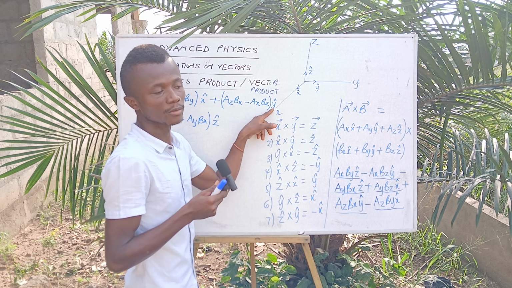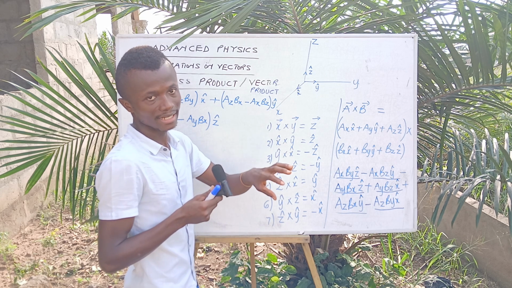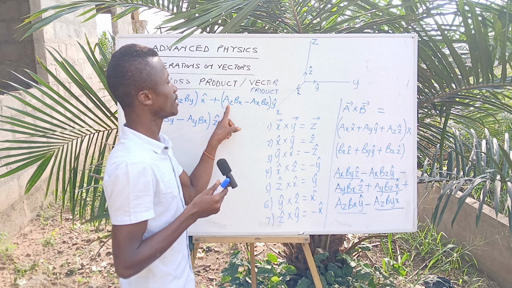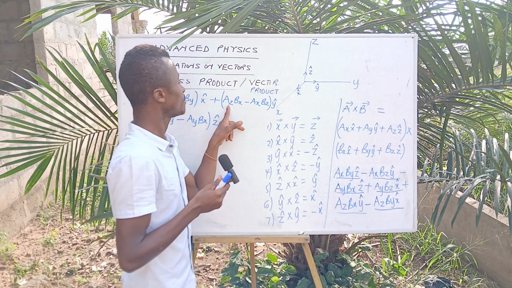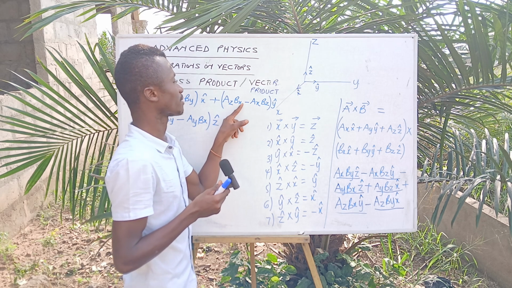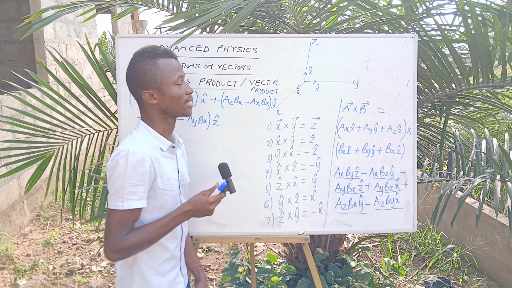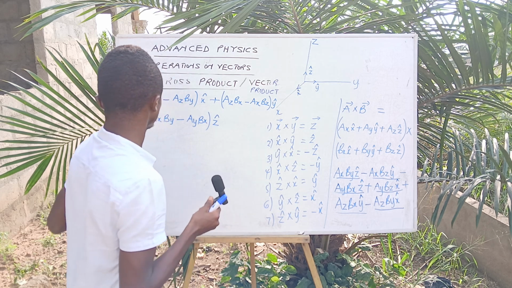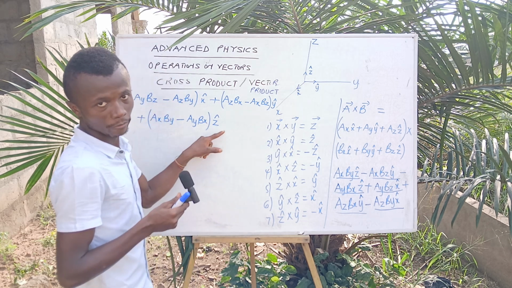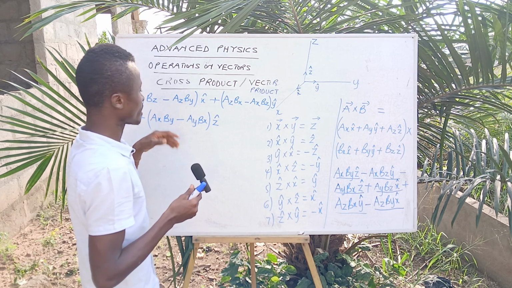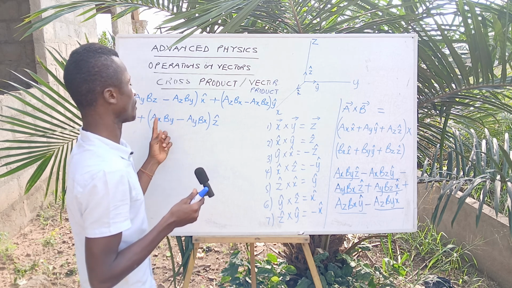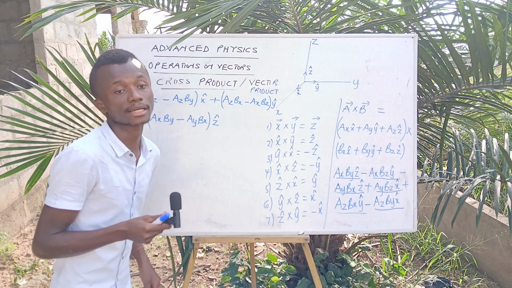For the y-hat, we will talk about X and Z. So take AZ, multiply by BX, minus AX, multiply by BZ. And then z-hat, you speak of X and Y. Take AX, multiply by BY, minus AY, then times BX.